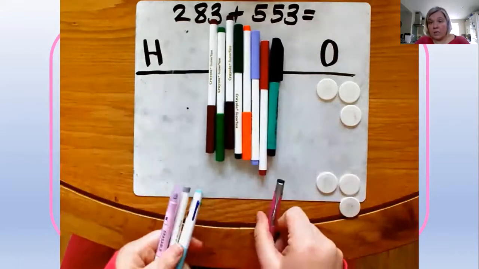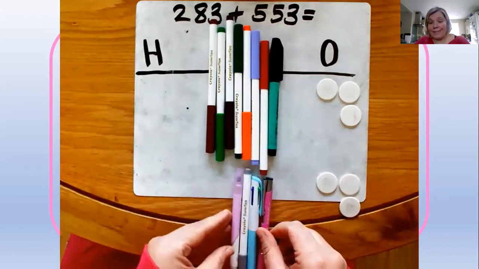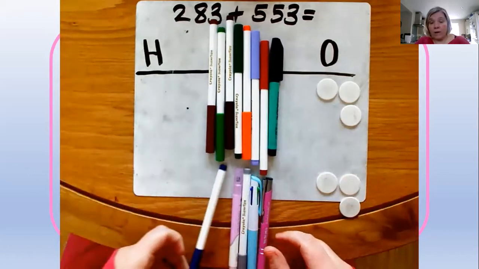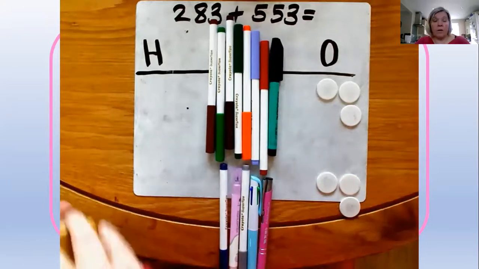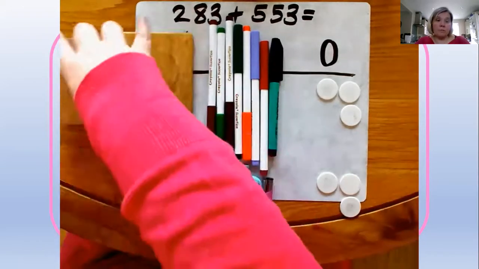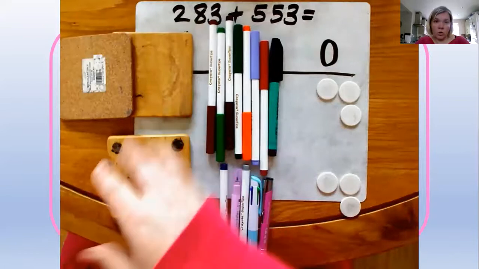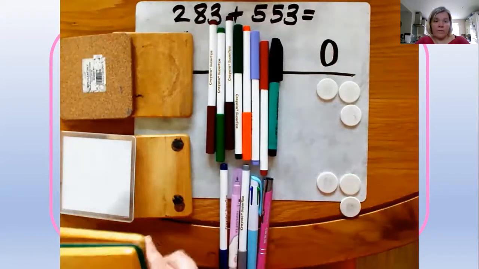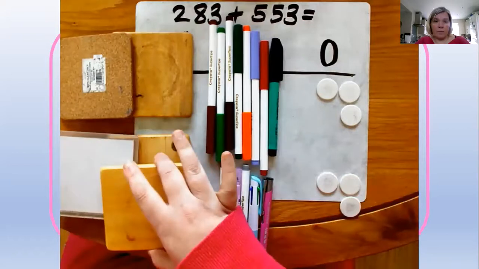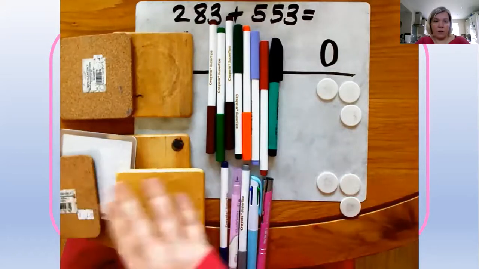So because they're in the tens column, we know that they are 80. Because we've got 5 in the tens column, we know it is 50. It's not 5. Okay, so I'm popping my hundreds on. 2 for the first number, and I need 5 for the second number, for the 553.